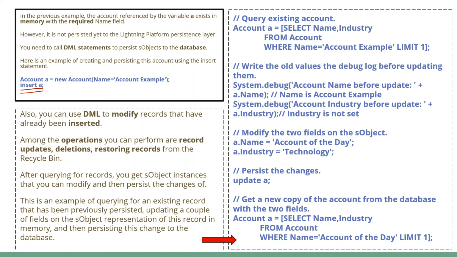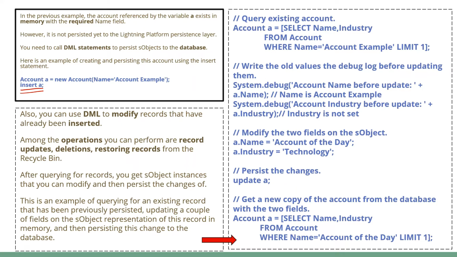Also, you can use DML to modify records that have already been inserted. Among the operations you can perform are record updates, deletions, and restoring records from the recycle bin. After querying for records, you get sObject instances that you can modify and then persist the changes of.